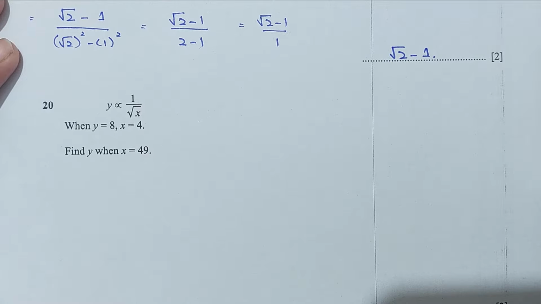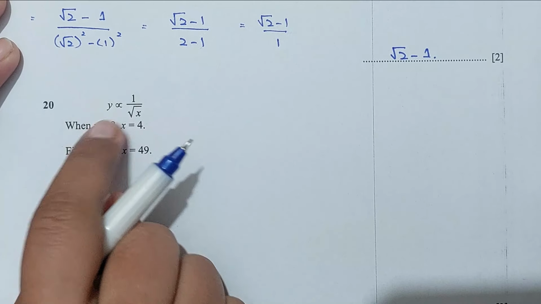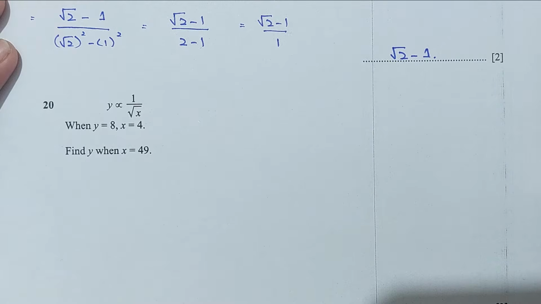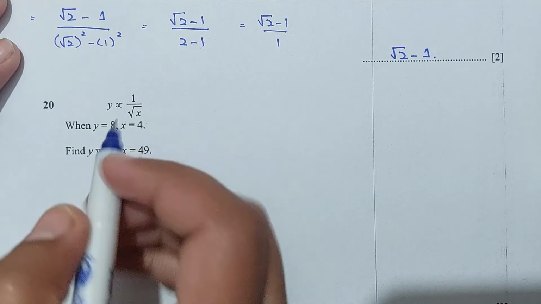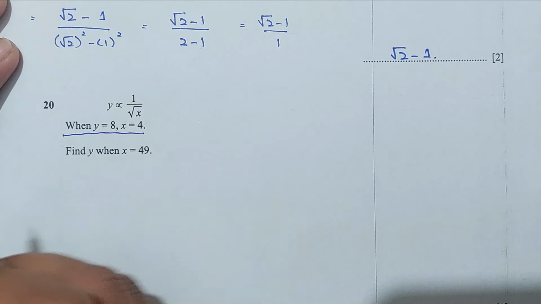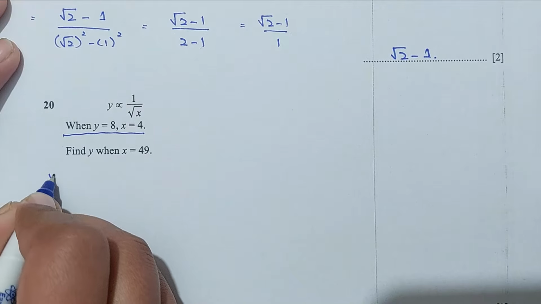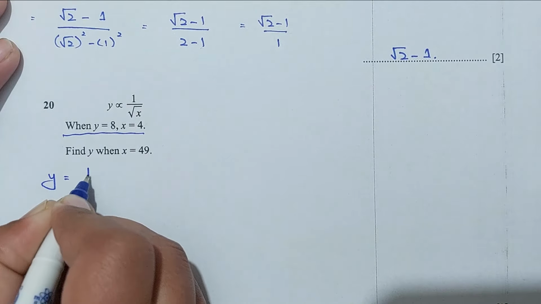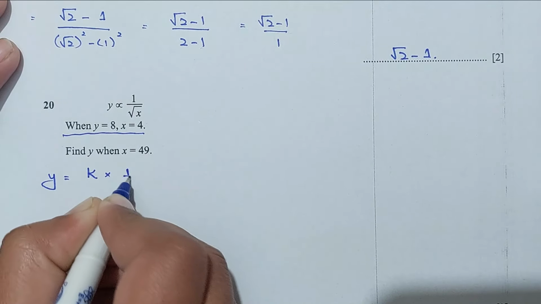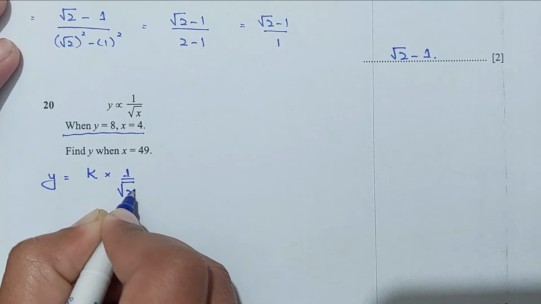Question number 20. y is inversely proportional to the square root of x. When y is 8, x is 4. Find y when x is 49. So first let me use this information. Since we have been given the proportionality, y would be equal to some constant of proportionality times 1 over root x.